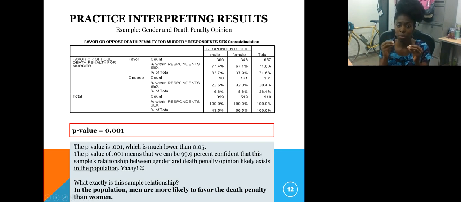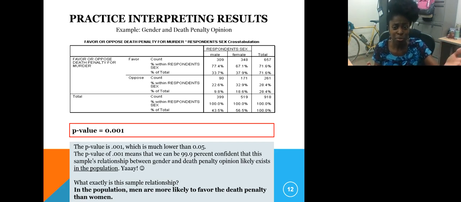They favor more than they oppose. But what this p-value is telling us is that what we're seeing, that men favor more than women, we'll probably see in the population as well. They both favor, but men seem to favor more than females. In the population, that number might not be 77% to 67%. It could be 83% to 67%.